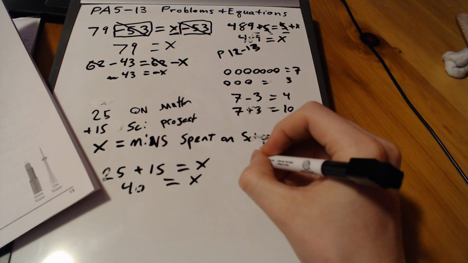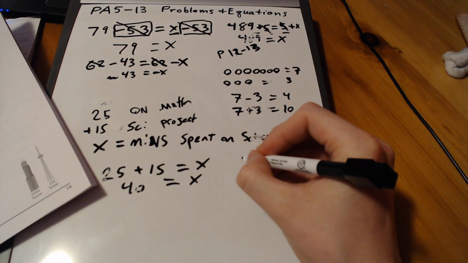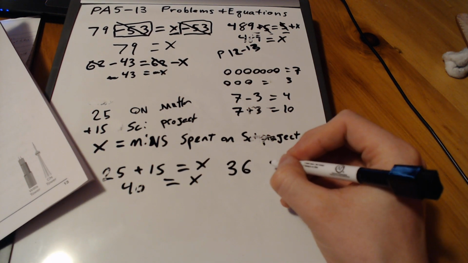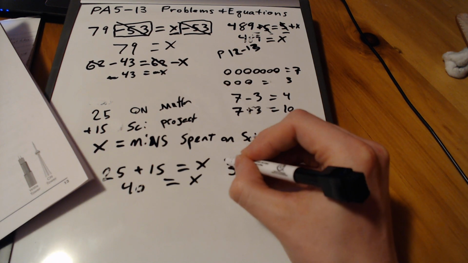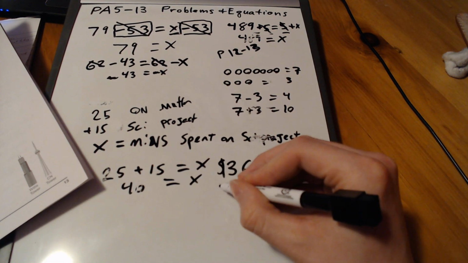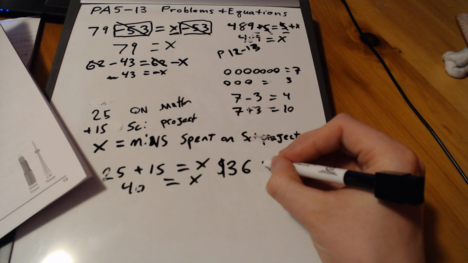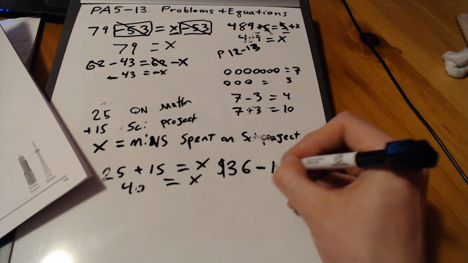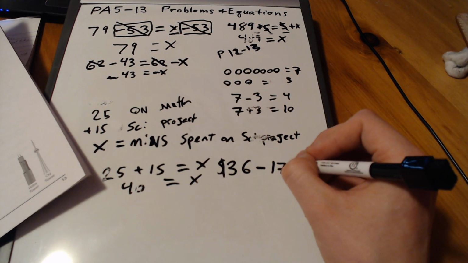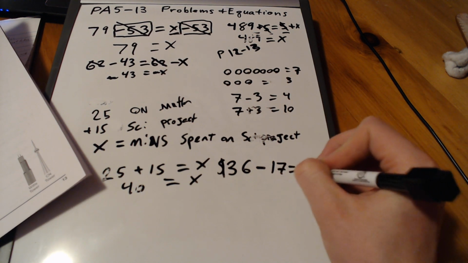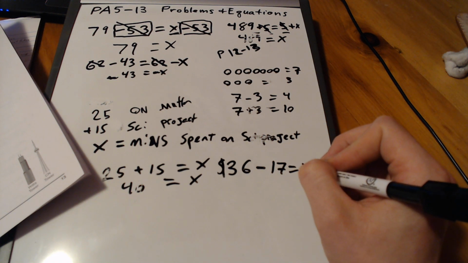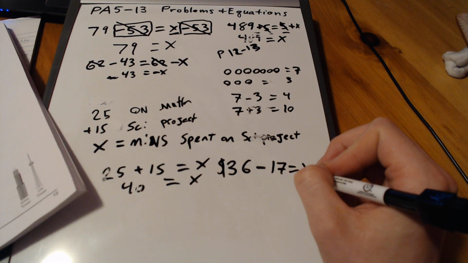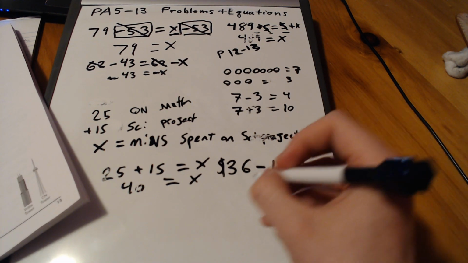So what you do is you're finding the difference. You know that $36 is what he saved in January, and you know that it's $17 less in February, so you can find x. And so the x is the difference in this case, right?